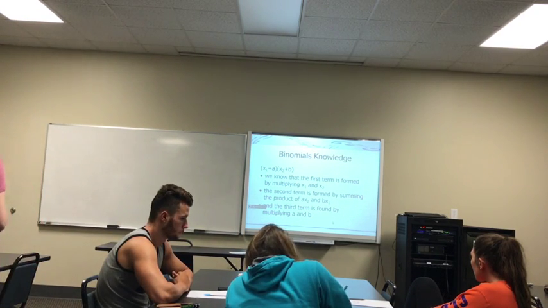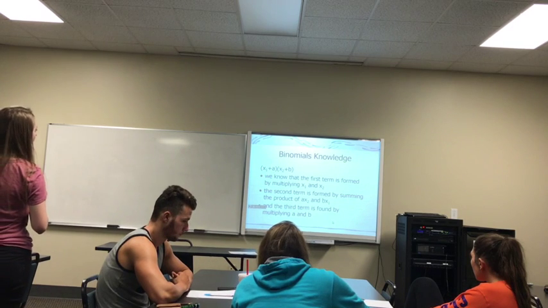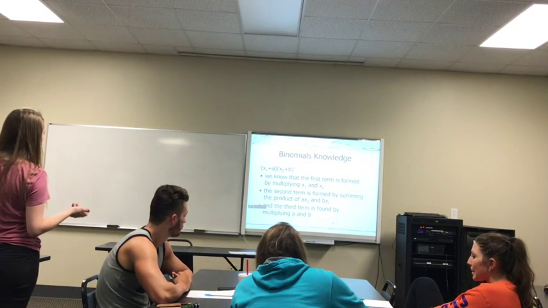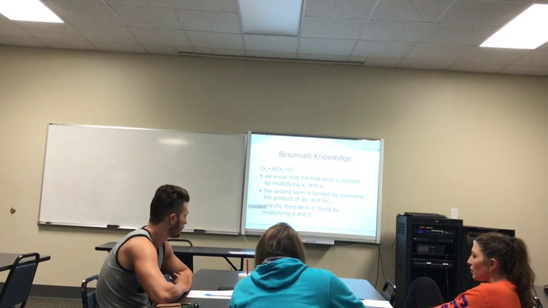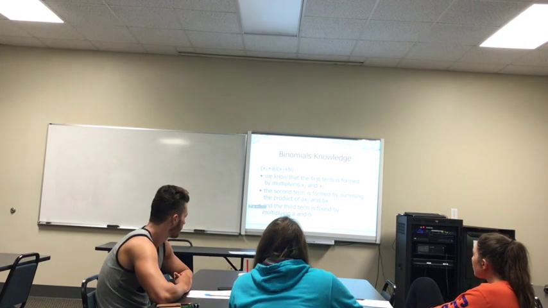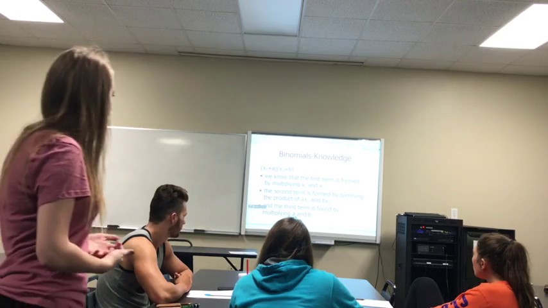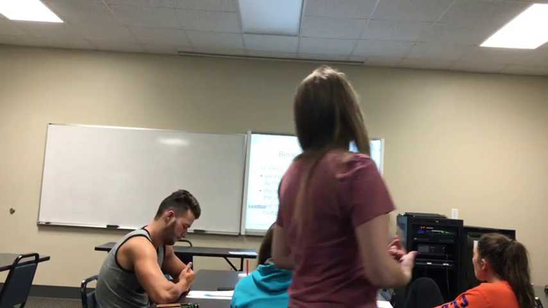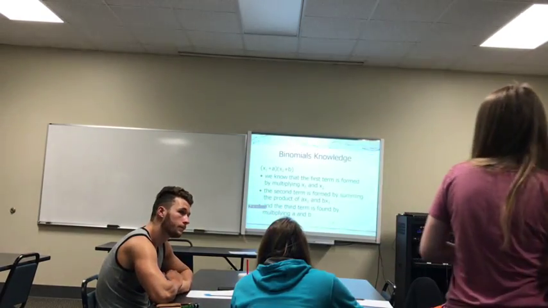You know that you get the first term by forming the product of x1 and x2. So if you multiply x and x together, what are you going to get? X squared. X squared.